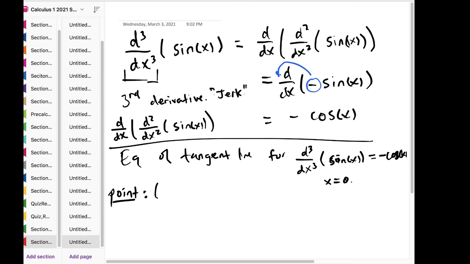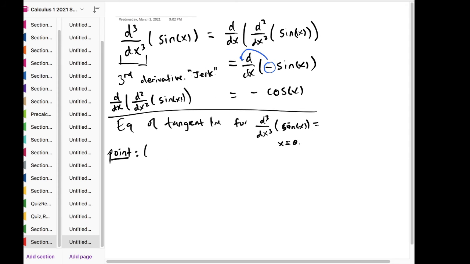So you're plugging it into negative cosine. So what's cosine of 0? Yeah, so what's negative of that? Negative 1. Okay, good.